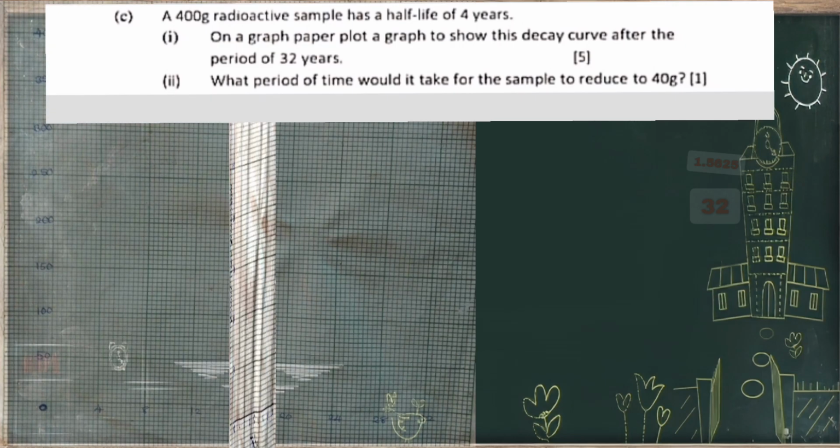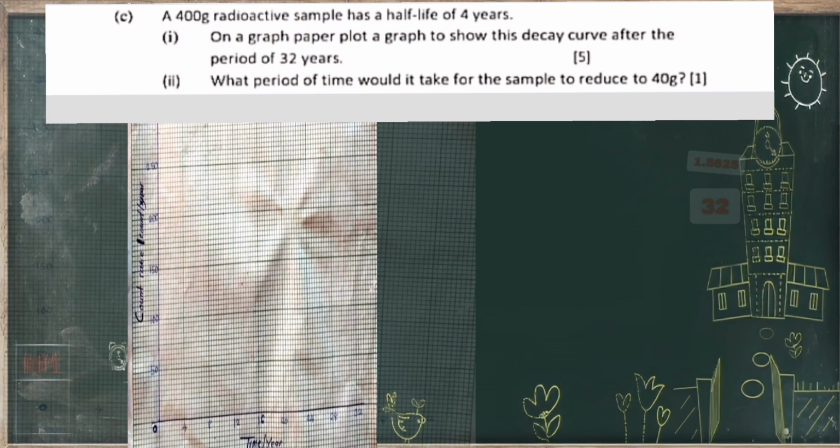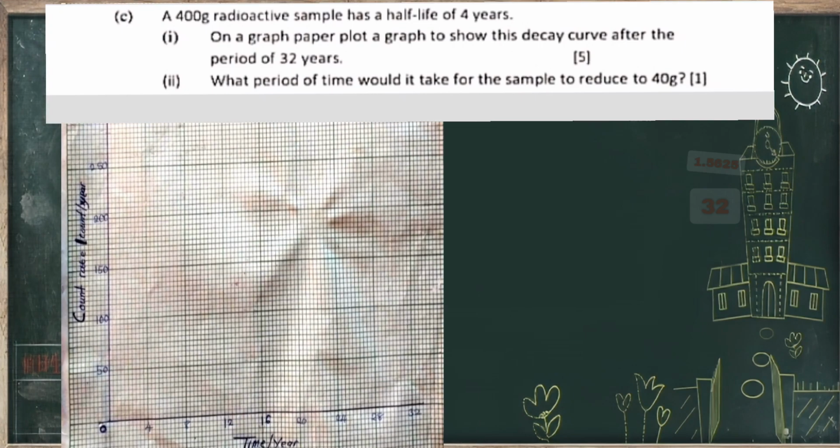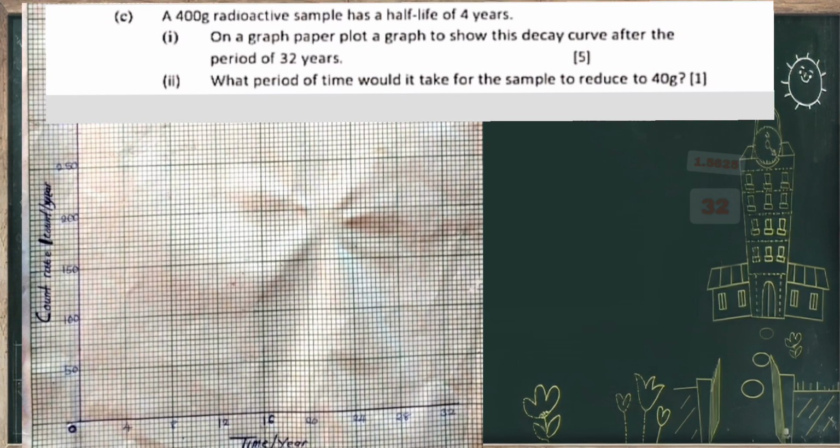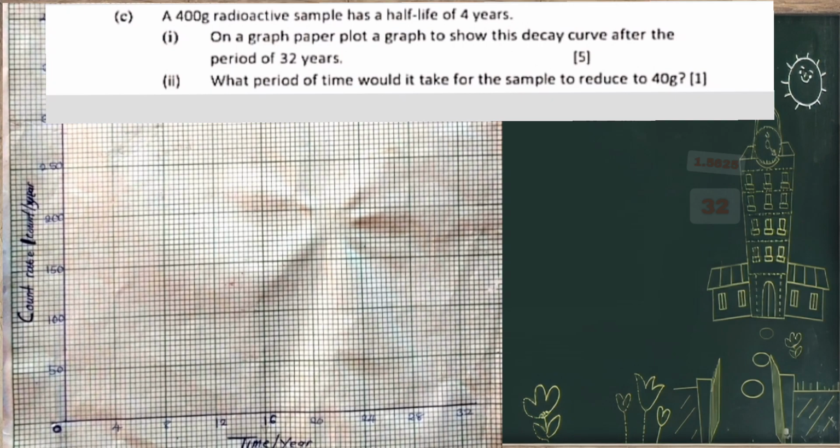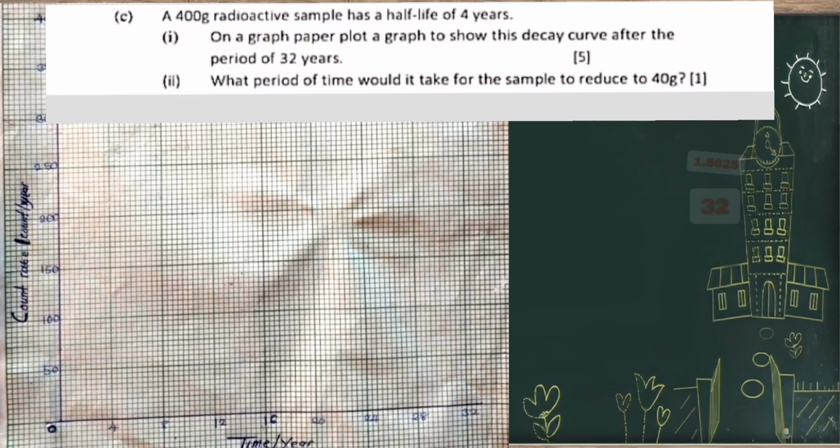Okay. So apart from that one now, let me try to draw the lines and label the axes. So in the y-axis, I'm going to have count rate in count per year.